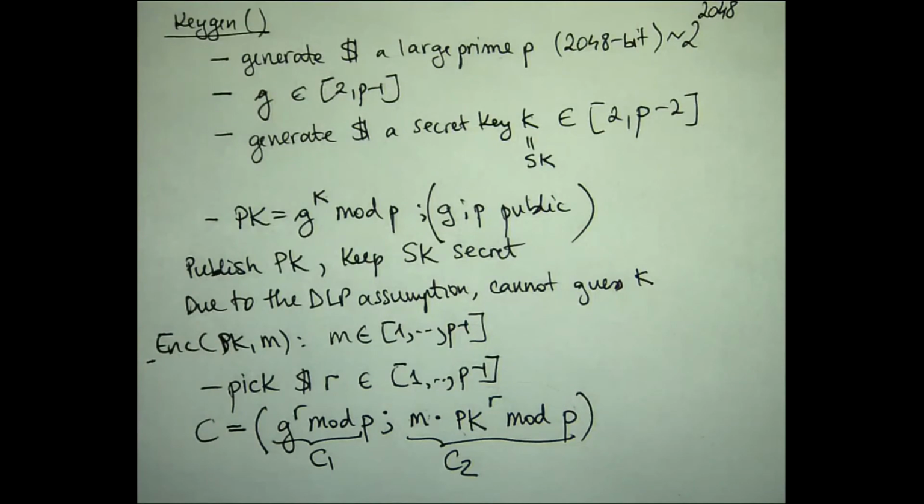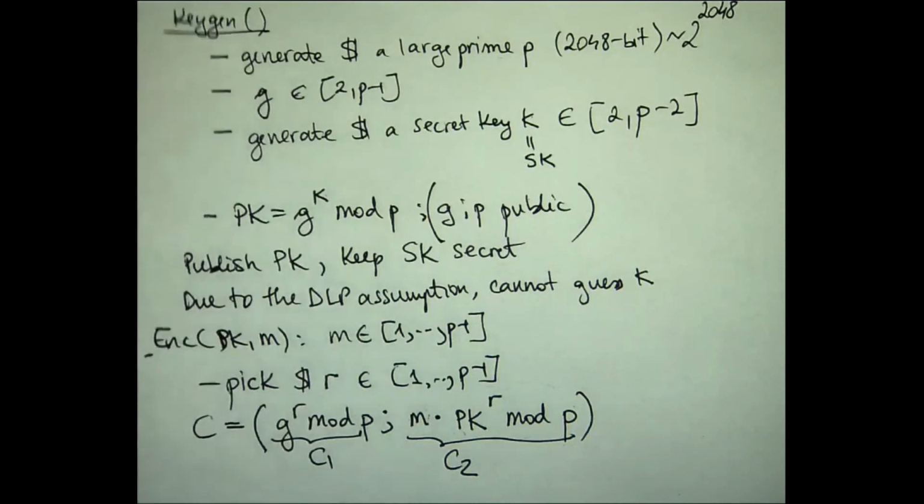Yeah, exactly. So if you have C1, you can raise C1 to the power of the small key k. And guess what you're going to obtain? You're going to obtain this amount. Okay? So then you take C2 divided by C1 to the power of k and get the message M.